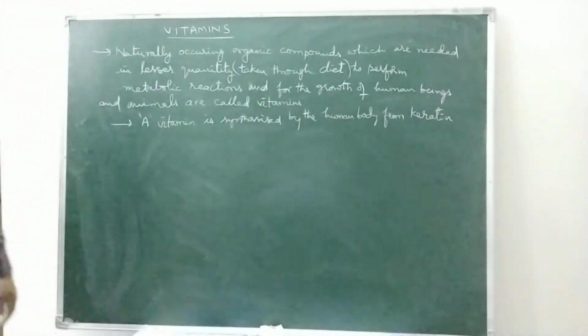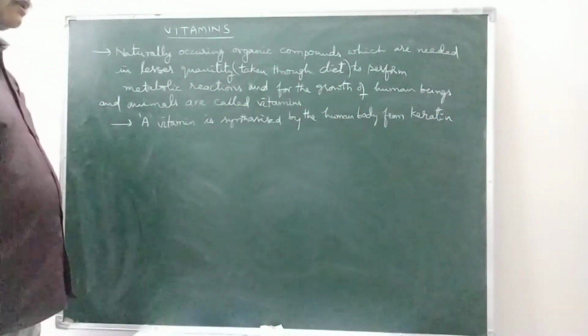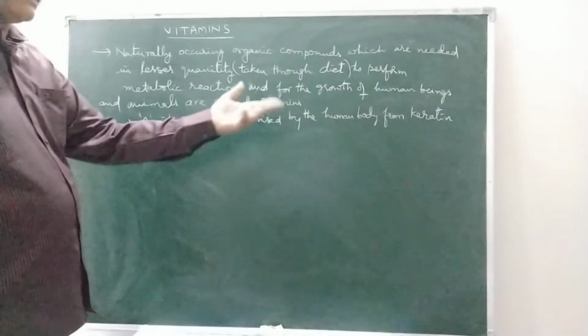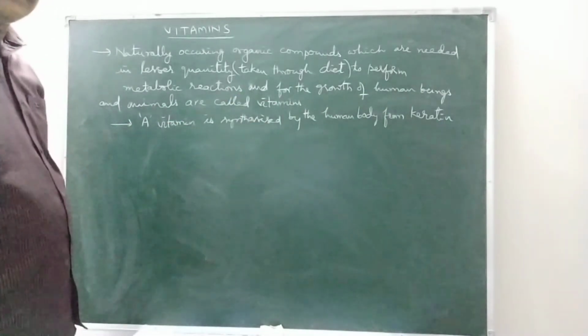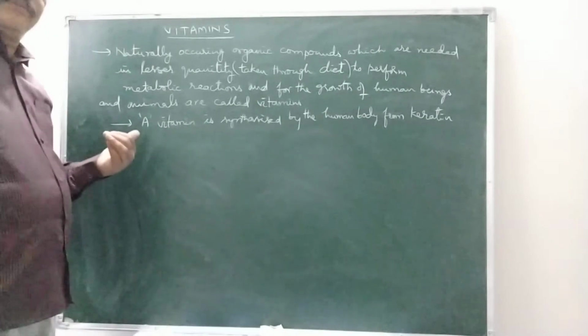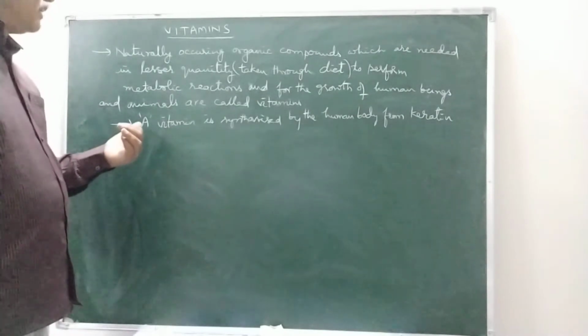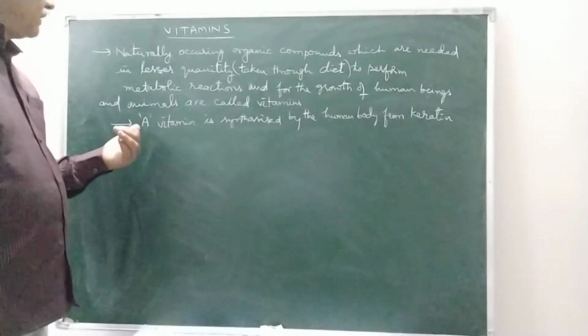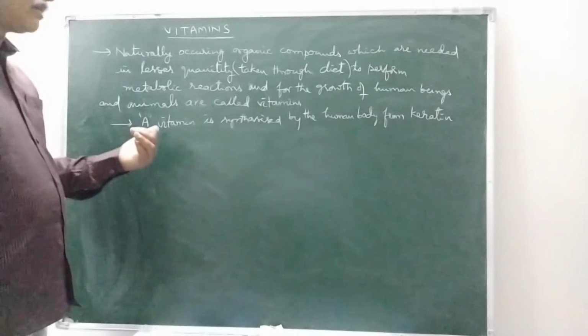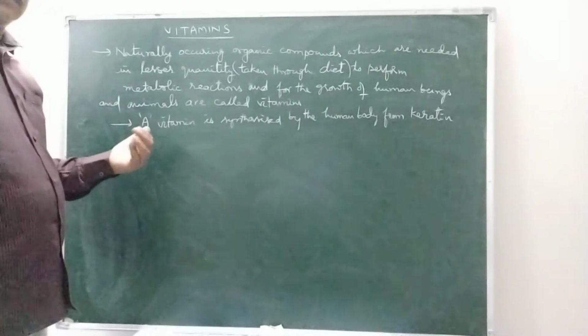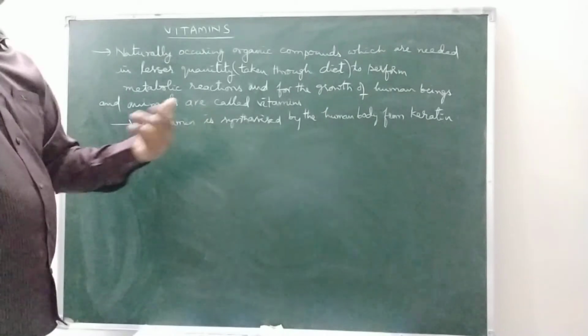Vitamin A is synthesized by the human body from keratin. Similarly, some vitamin K and B complex vitamins are supplied through diet.